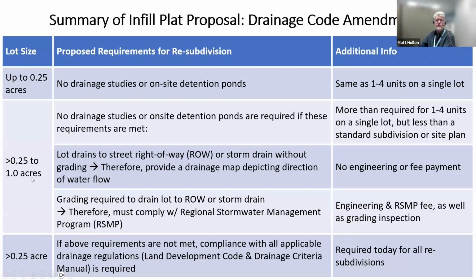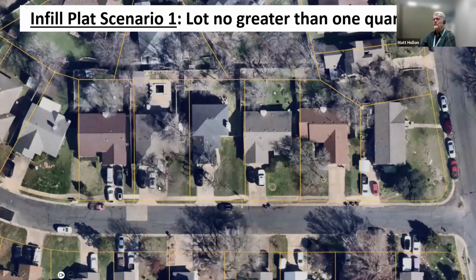Subdivisions up to 1 acre have certain special rules that I'll describe when I show you the pictures. But anything bigger than that, or anything that doesn't meet certain criteria that we believe might compromise the ability to have a positive storm drainage outcome, we're just going to default to the full meal deal, full code scenario down here. So without further ado, I'll show you some more interesting pictures.